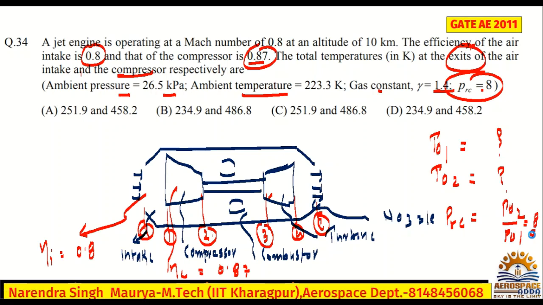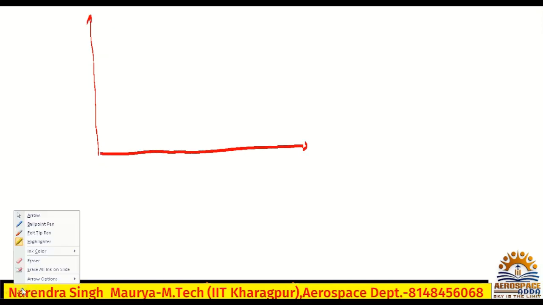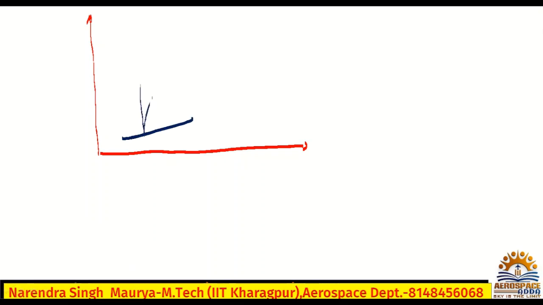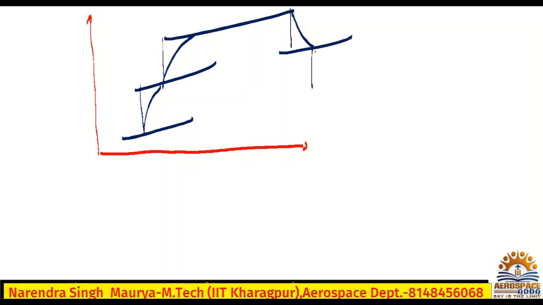For this type of question, always draw a TS plot. So this is the TS plot here, so that you may get more clarity. This is A, not 1, not 1 dash, not 2, not 2 dash, not 3, not 4, not 4 dash.